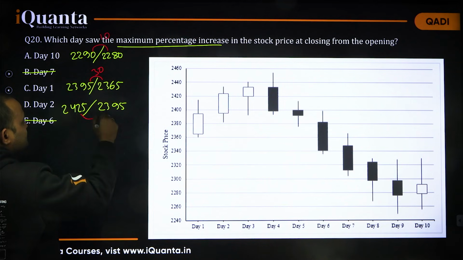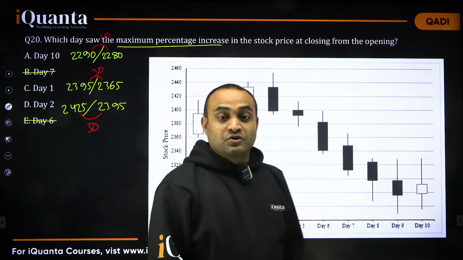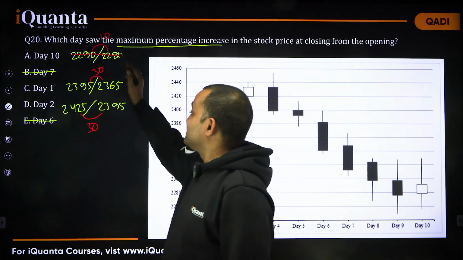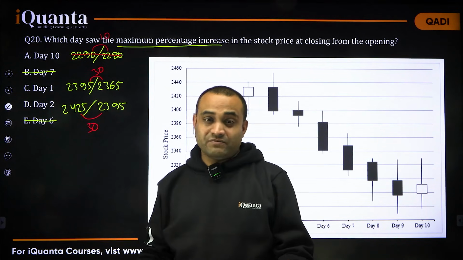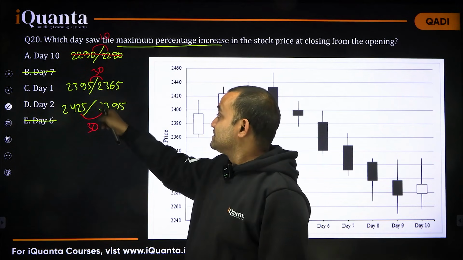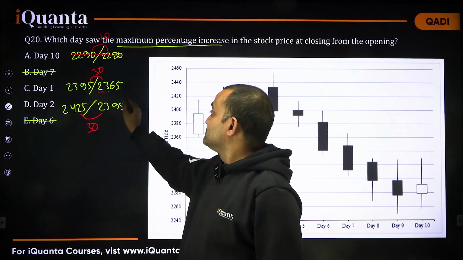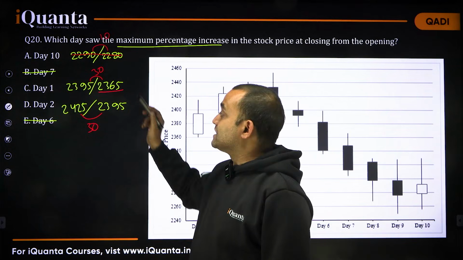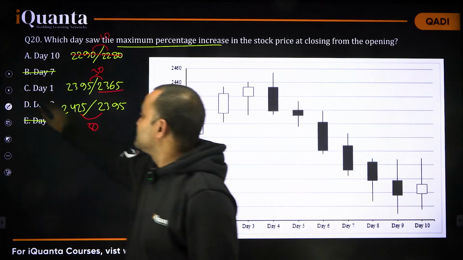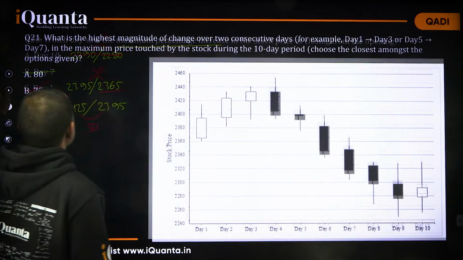The increase is again 30, the base is 2395. So definitely this one we can discard, because the base is almost the same. The opening prices of these days are almost the same. The difference is 30 here, 30 here. Which denominator is lesser? This one, 2365. So this will give us the maximum percentage increase. The answer is day 1. We don't need to calculate it.